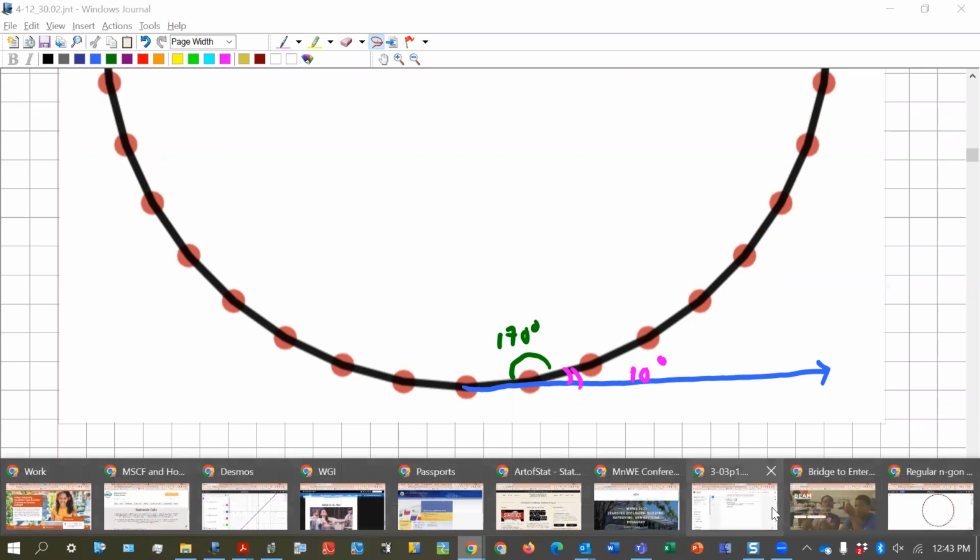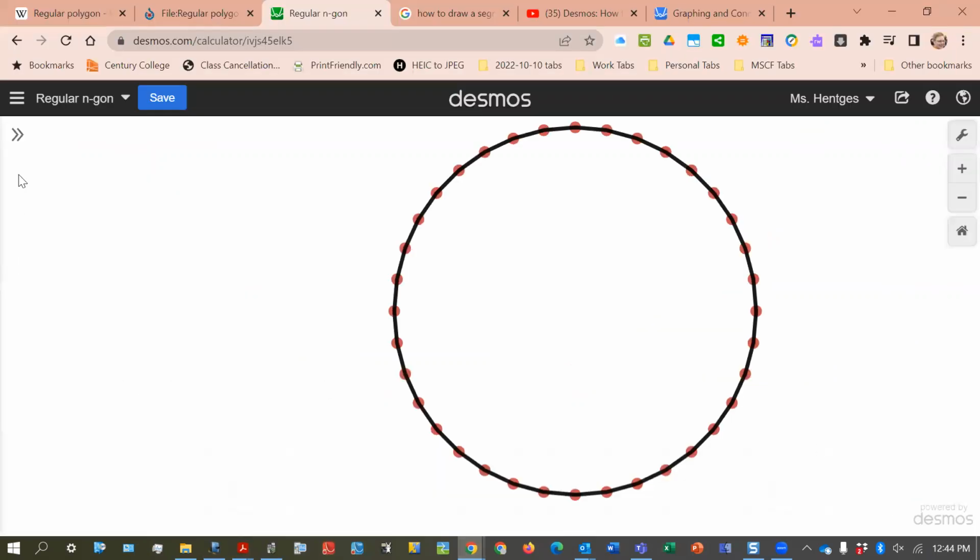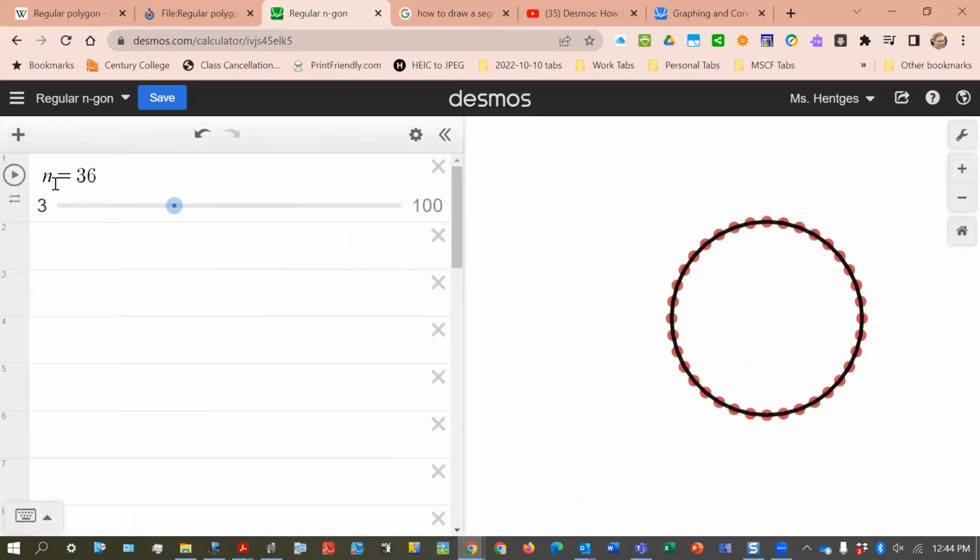But now that I've made this, and I've made it so you can choose any number of sides up to 100. So in the previous picture, it was a 24-gon.